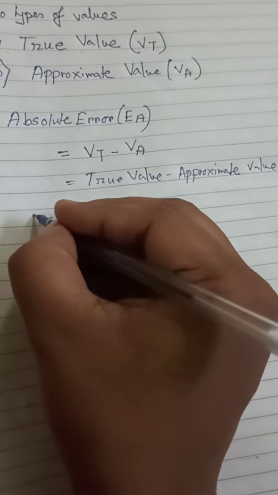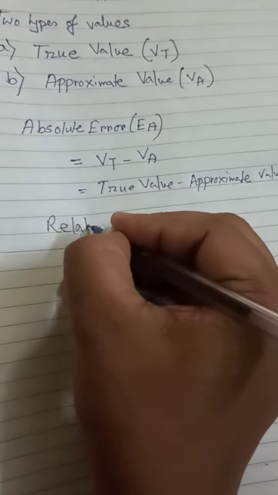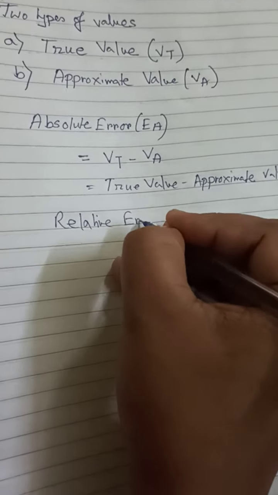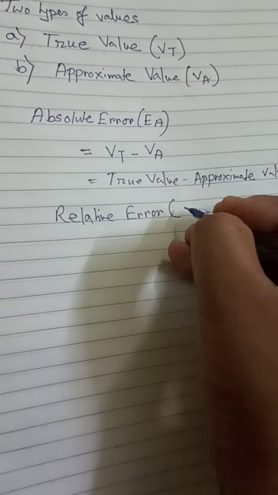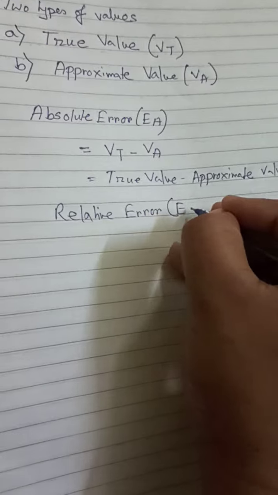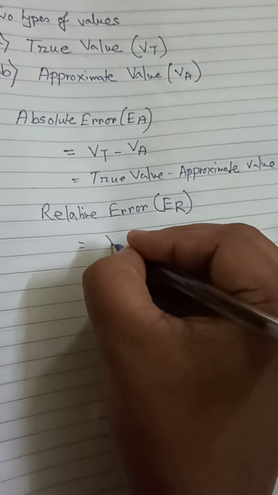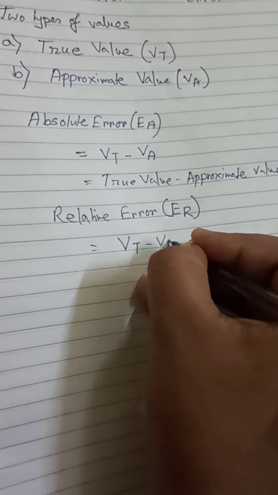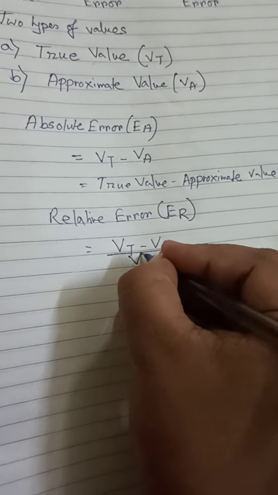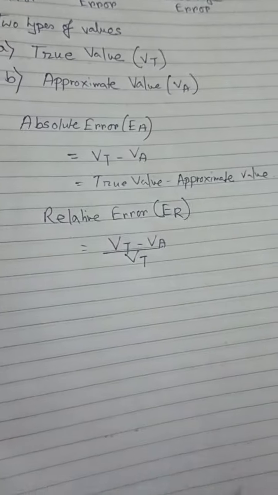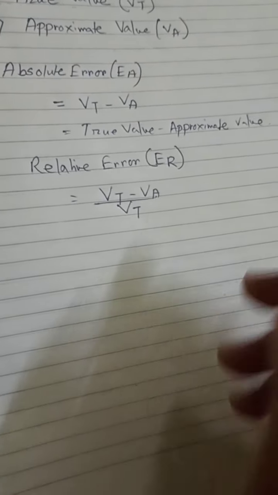Next we will get what is relative error. Relative error, we will denote this formula by Er. So the formula is (Vt minus Va) by Vt. So what does it mean?